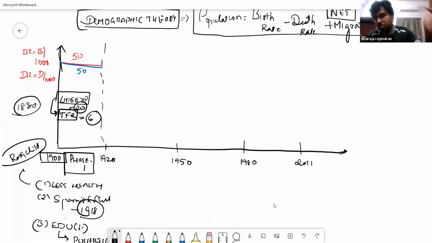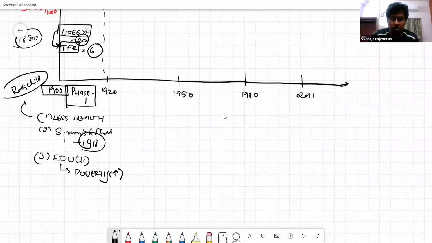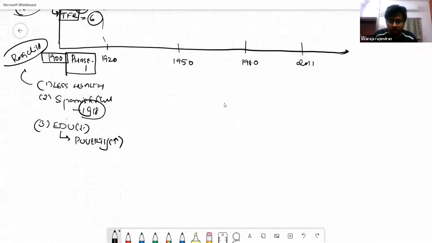Abraham Lincoln was the president of the United States, and 2 children died. So that is how the world was, and the same is the case with India. Many died, and hence you see how the population pyramid will be. Then can I say the pyramid will be like this?